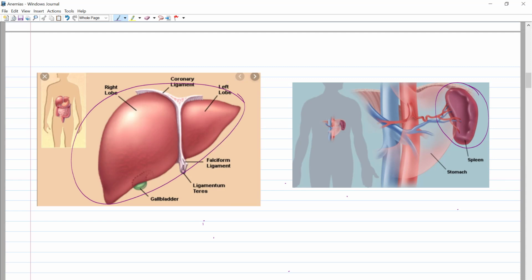Any abnormality in any of this, like let's say your patient has splenomegaly due to right-sided heart failure, or your patient suffered splenic sequestration because of sickle cell crisis, can later on lead into anemia, right? Or what if your patient is alcoholic, or suffered from, let's say, opioid toxicity, and of course the liver works so hard to metabolize those drugs out of the system, it can later on lead into anemia.